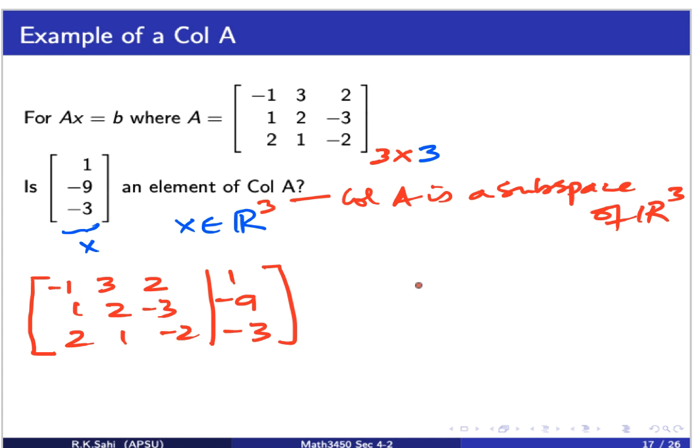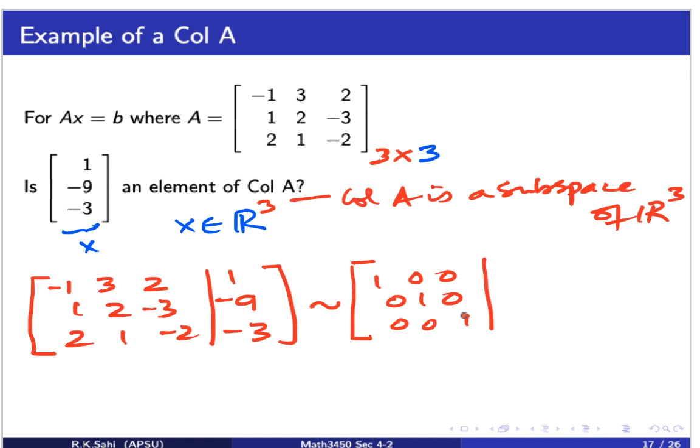In other words, I apply all those row operations and reduce it to row reduced echelon form, such that we get an identity matrix.